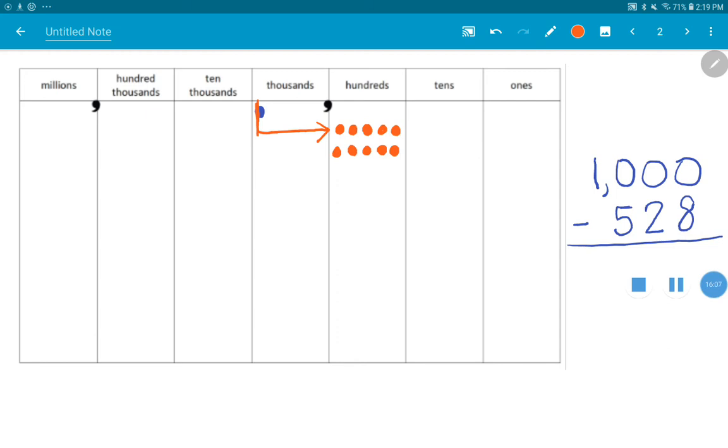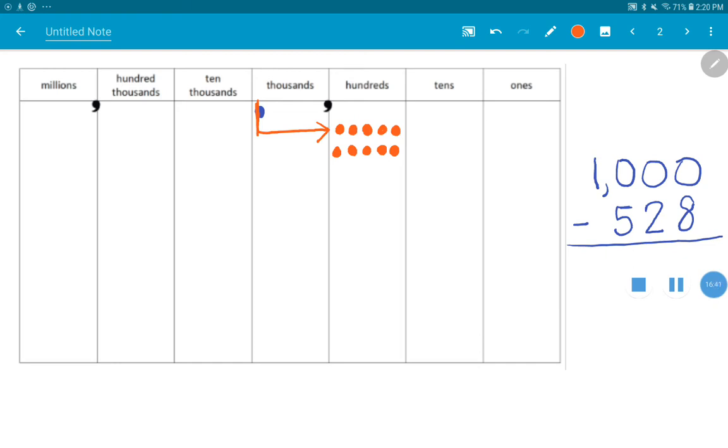Let's count our hundreds. 100, 200, 300, 400, 500, 600, 700, 800, 900, 1,000. 1,000 and 1,000 are the exact same, correct? Okay. So, do these represent the same value? Yeah. Tatum, I need you to put that away. Those represent the same value. That's why I can exchange, because those are equal numbers.